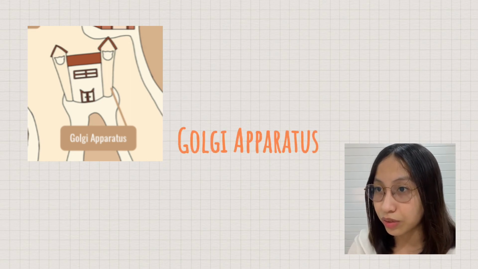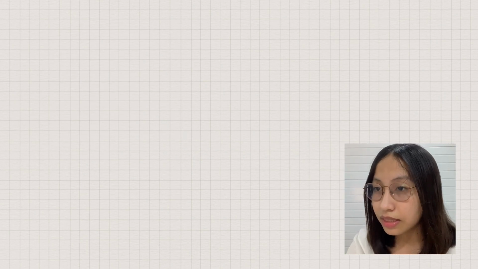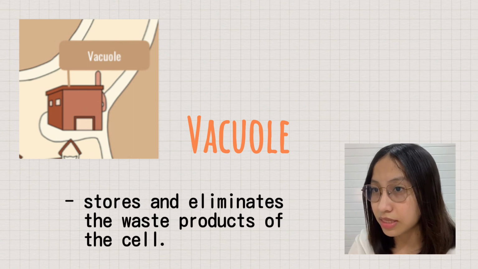Moreover, the warehouse in the kingdom stores the goods while packaging, just like the Golgi apparatus or the Golgi bodies that process and package the proteins needed by the cell. The function of the vacuole is in common with the task assigned to the litter box building. The building collects and disposes the waste of the cat kingdom, and the vacuole stores and eliminates the waste products of the cell.